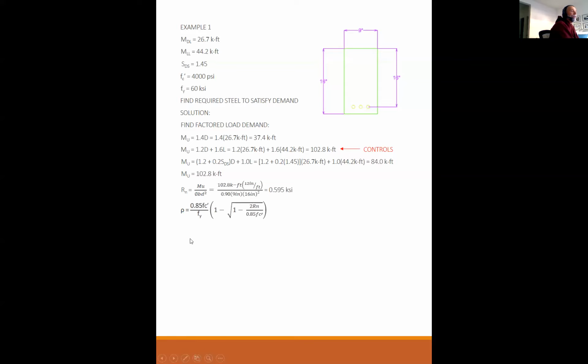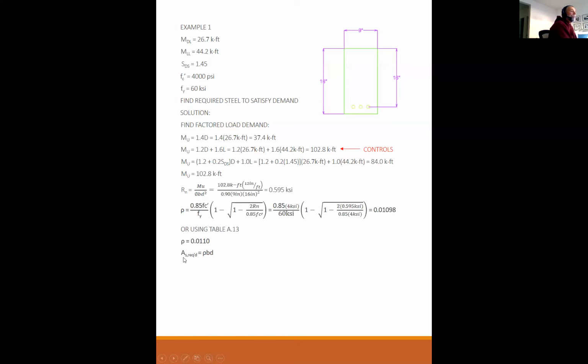Then to find rho, I take this value and plug it in here with my concrete and steel, and I get a rho value of 0.1098. Or using table A.13, make sure you use the right table for 4,000 psi concrete, 60 ksi steel, from the table I get 110, which is rounded up from this.